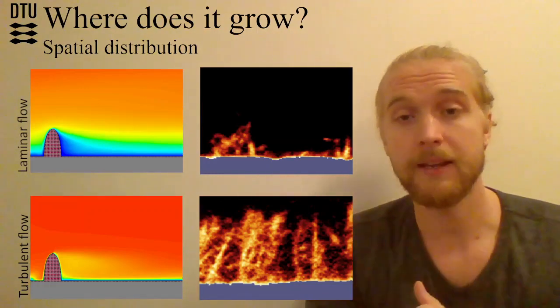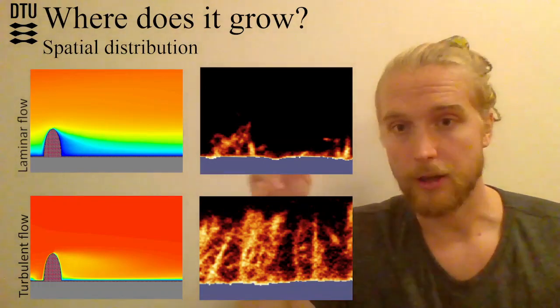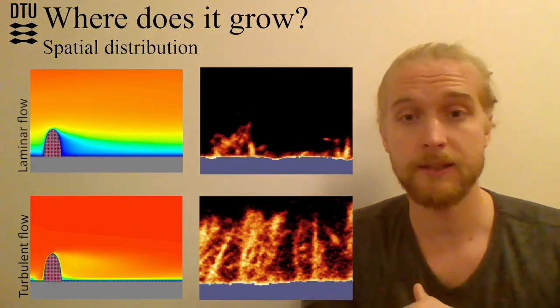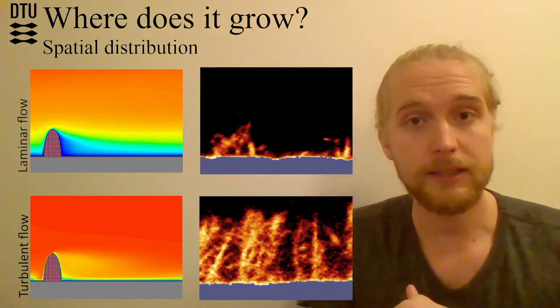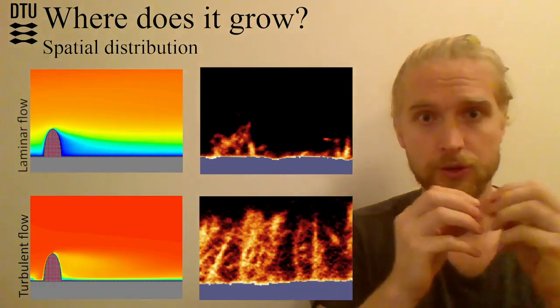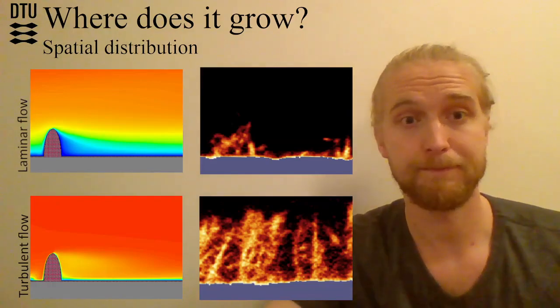And this explains the second observation, which was that the clusters were growing more locally. For the turbulent case, this shadow zone was non-existent, and thereby the whole surface was evenly covered, and a lot of growth material was formed.